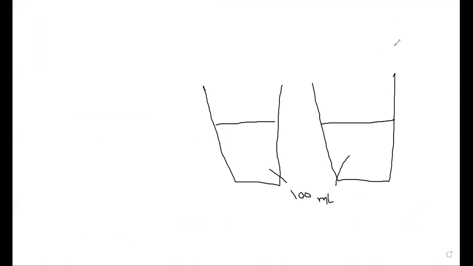Then we add here a cube of salt, NaCl, approximately 3 grams. And here we're going to add also 3 grams of salt, but in small pieces or in powder. So both are added to the water.